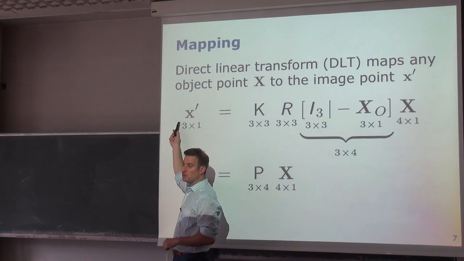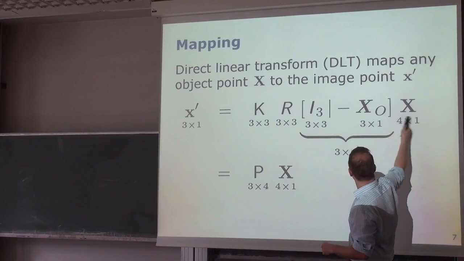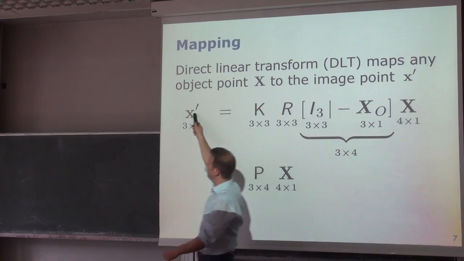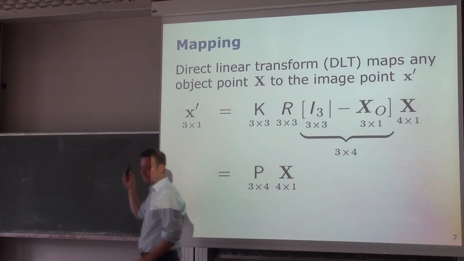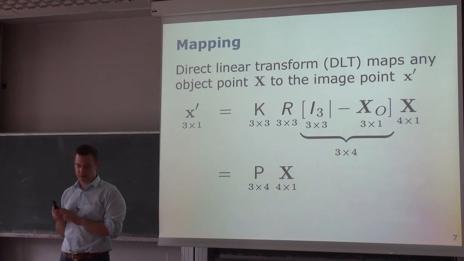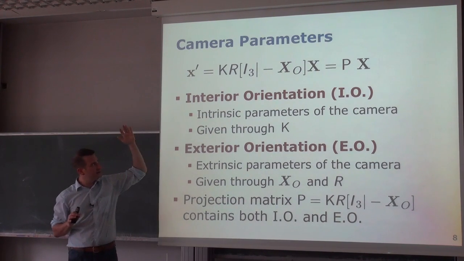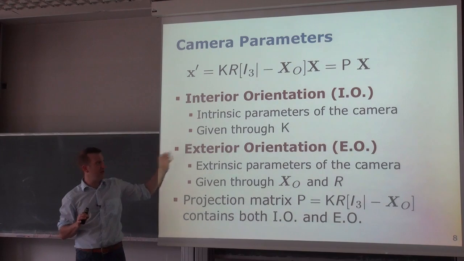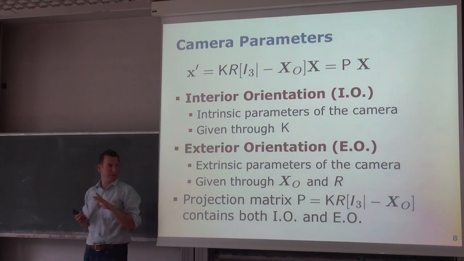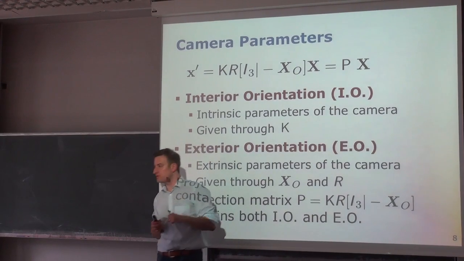And this is all in homogeneous coordinates, therefore it's a 3x1 and a 4x1, although this is in the 3-dimensional world and this is in the 2-dimensional world. So the task is to estimate the interior orientation of the intrinsics and the extrinsics. That means X0 and R and the calibration matrix K.